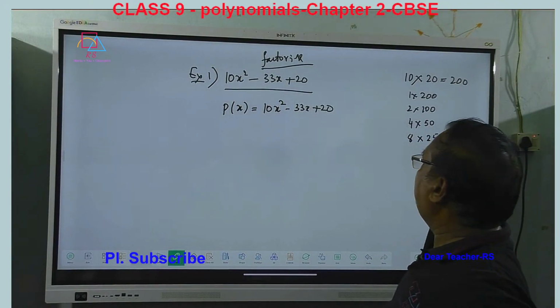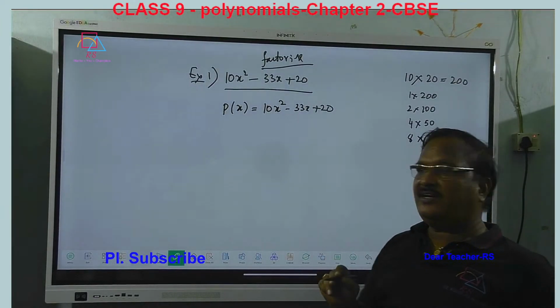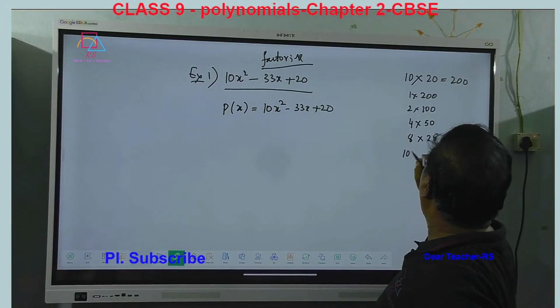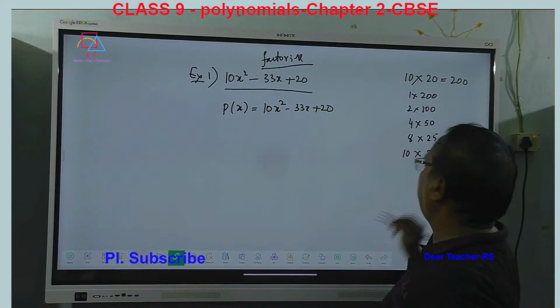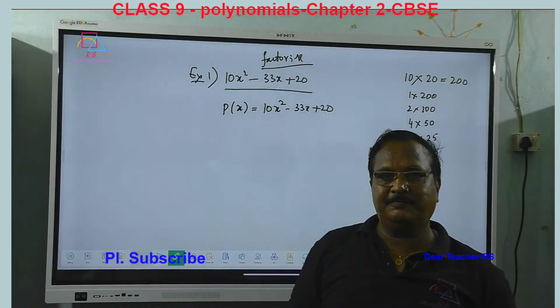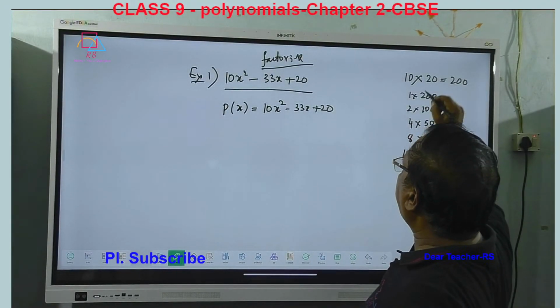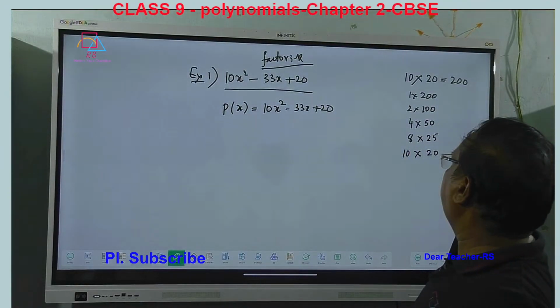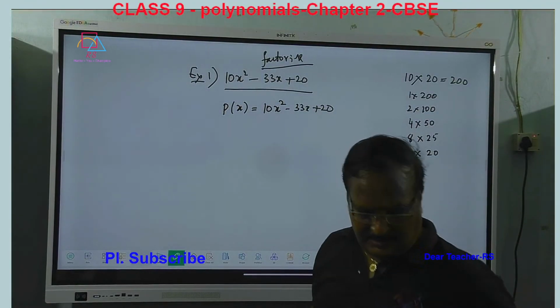Okay, so 9 is not a factor. Again 10 is a factor, 10 into 20. So like this you find different factors.